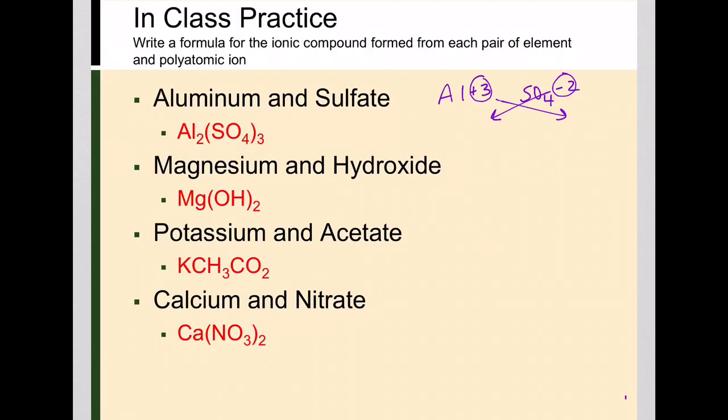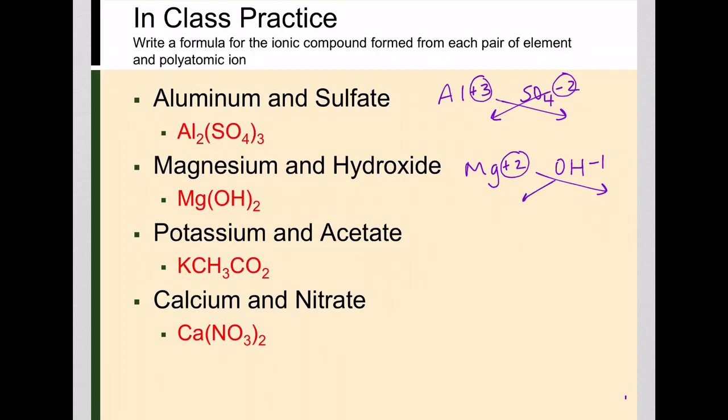Where people normally miss the parentheses is in this example, okay? Because if I wrote my ions for this one, magnesium would be Mg with a +2 charge, hydroxide is OH with a -1. So what people normally don't realize here is that when I cross this 2 down, even though there's not already a subscript here, that's not the point. I'm trying to say that I need 2 of this whole ion to balance out with 1 of these magnesium ions.